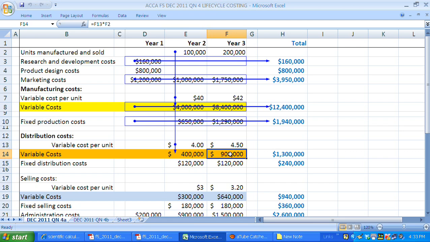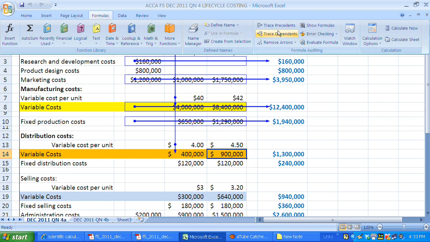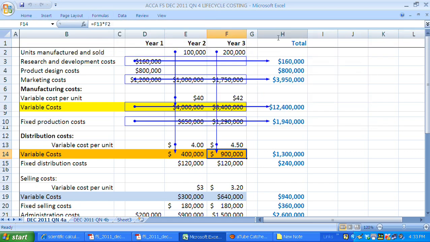Same thing here. I'm still multiplying the units sold, 200,000, multiplied by the variable cost per unit of 4.5, and then I add up the variable costs.